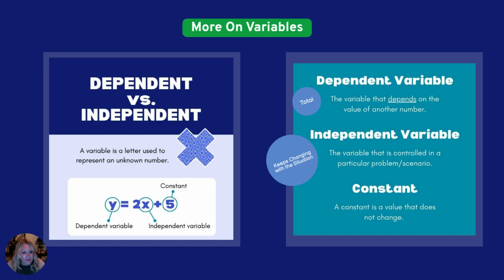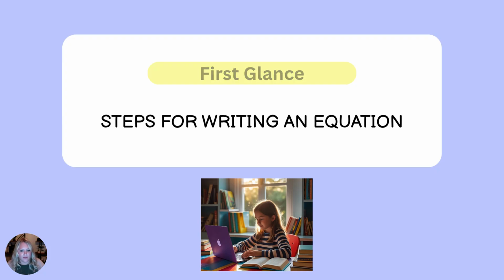And then the independent variable is the variable that is controlled in a particular problem or scenario. It keeps changing with the situation. And then we also have constants, which are a value that does not change. Depending on the situation, we may also have constants in there. We'll see some examples of these shortly.